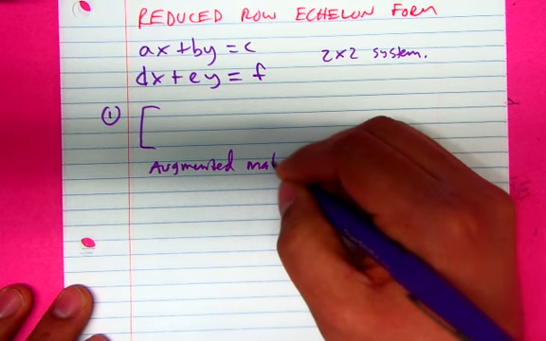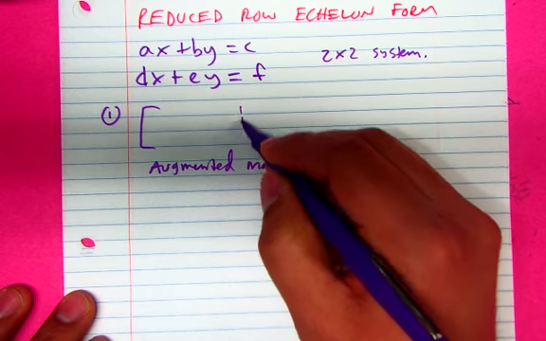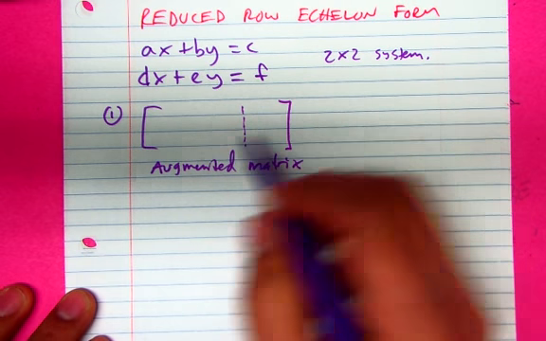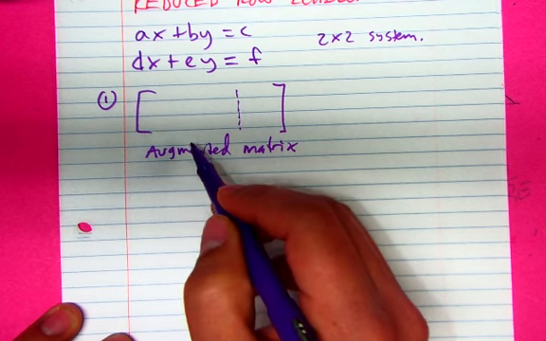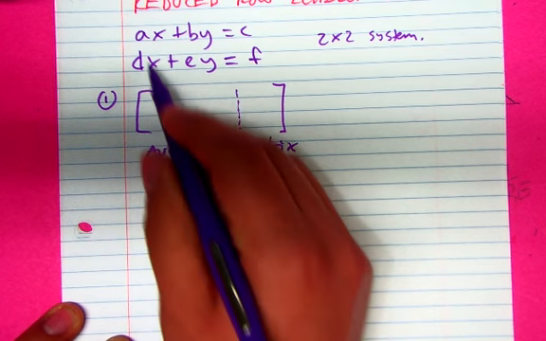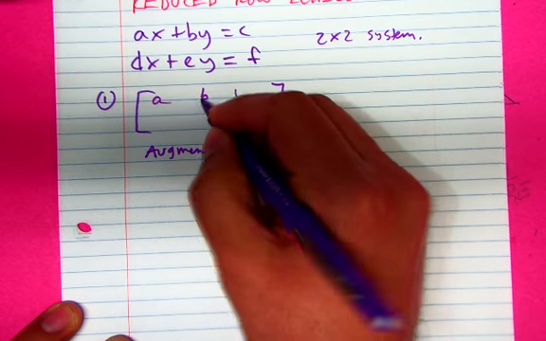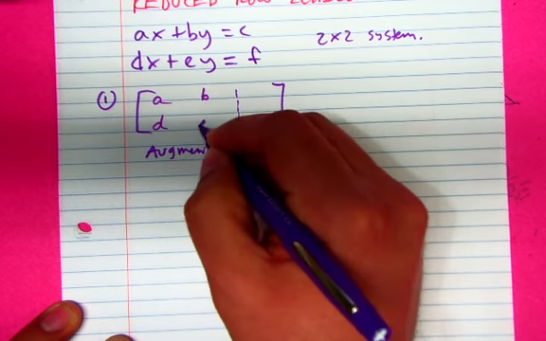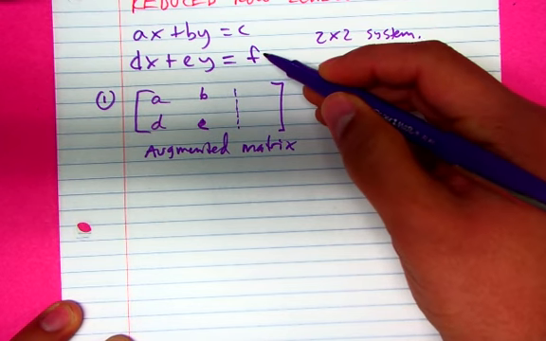So it's kind of like two matrices in one. On the left side, we're going to do a little 2x2, and all we're going to write down are the coefficients of x and y. So I'm going to put A, B, D, E. And then on the right side is going to be the answers C and F.